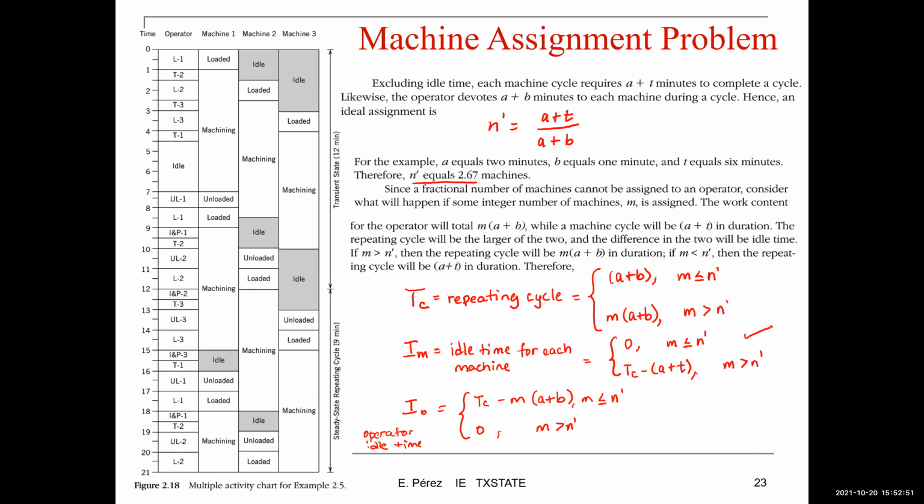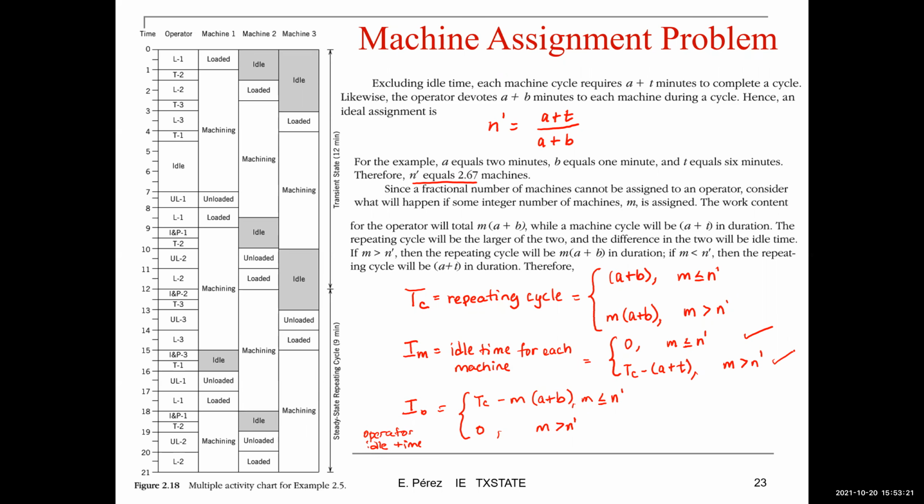If you have at least the same number of operators as machines, then you can assign each operator a single machine, and the machine will never be idle because you have an operator always assigned to it. But in the case that you have more machines than operators, then you will have idle time for the machine, and that idle time will be equal to Tc minus (A plus T).